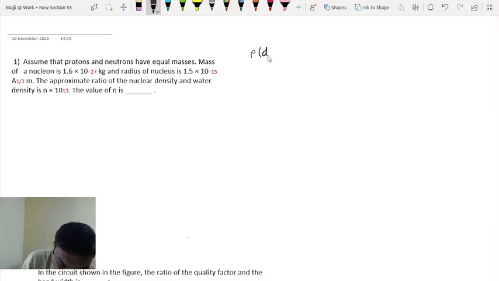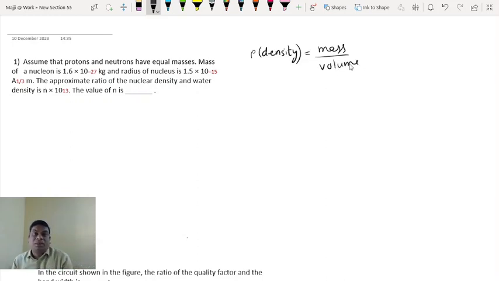So density of nucleus, as we know, density of any body is simply mass by volume. Same thing applies for nucleus also. So mass will be mass of each nucleon.